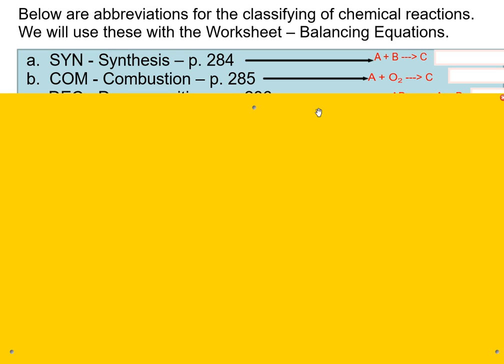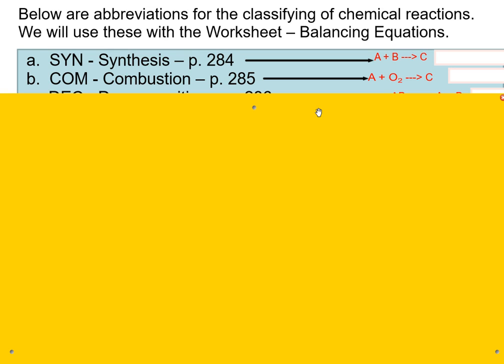Let's start with combustion. Combustion is on page 285. One carbon atom and 2 oxygen atoms together as the oxygen molecule will form carbon dioxide. It's a nice, simple combustion reaction. Now let's look at the one right below that, where methane and oxygen combine to form carbon dioxide and water.